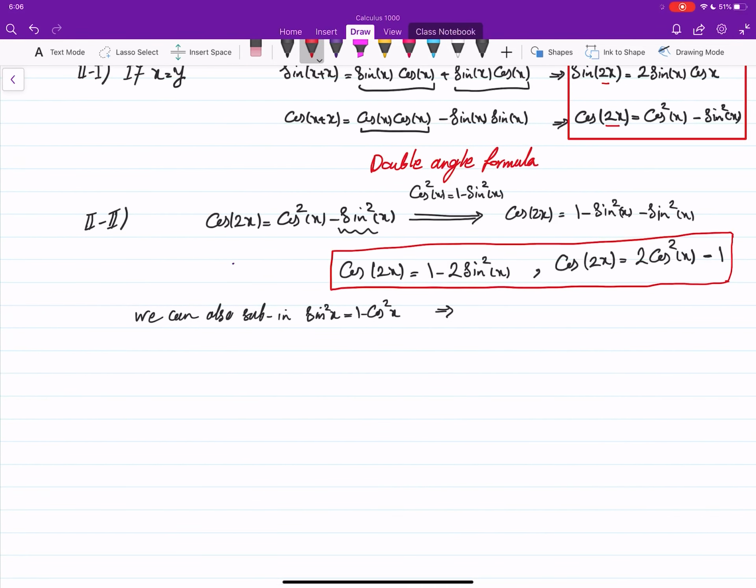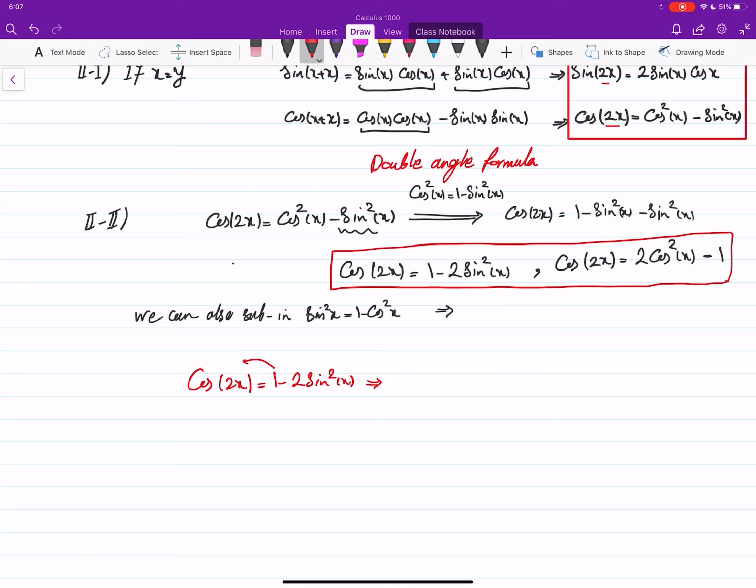We can solve this one. Let me just show the first one. Using this, cosine 2x equals 1 minus 2 sine squared x. I can take this one to the other side.